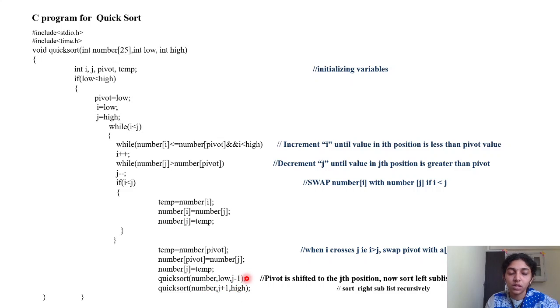We are not going to touch the pivot value at j because it is already in its exact sorted position. This will be called recursively again and again until the number of elements in the array is 1.